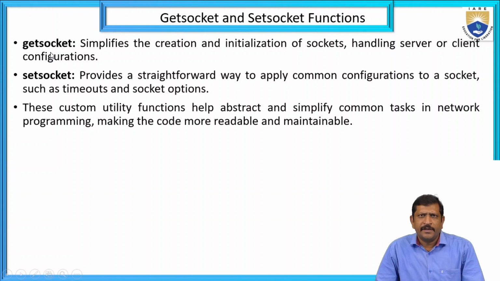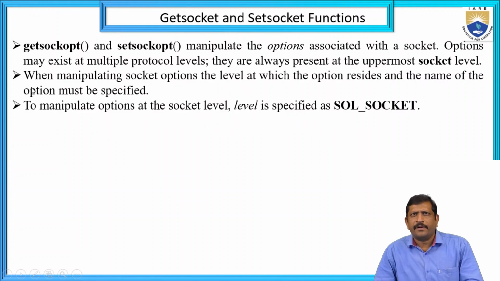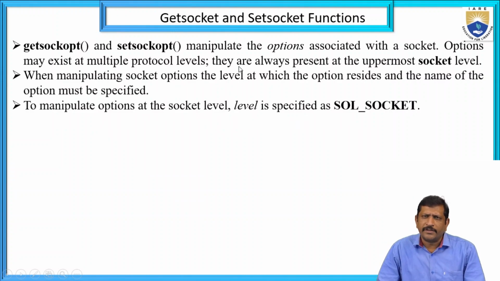Getsocket and Setsocket mainly manipulate the options associated with the socket. These socket options may exist at multiple levels, which we call protocol levels. Generally, protocols are framed on multiple levels with a set of rules and regulations.